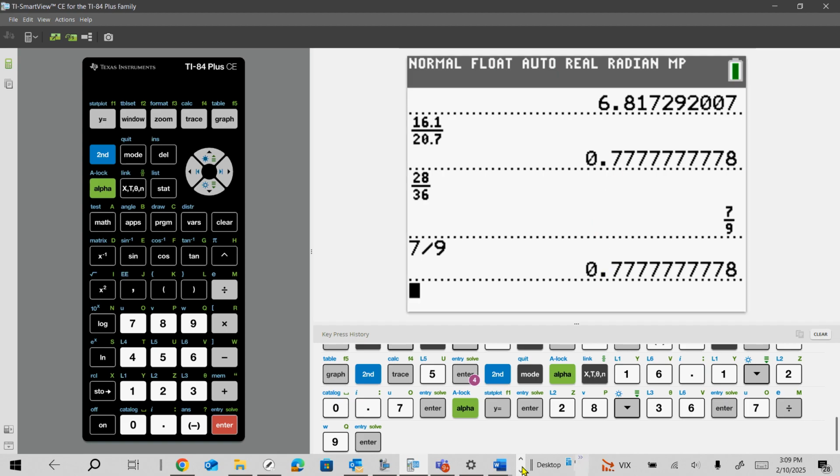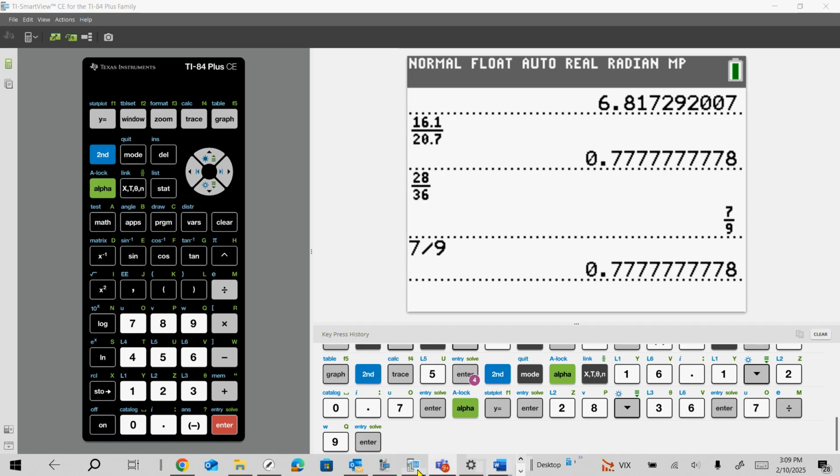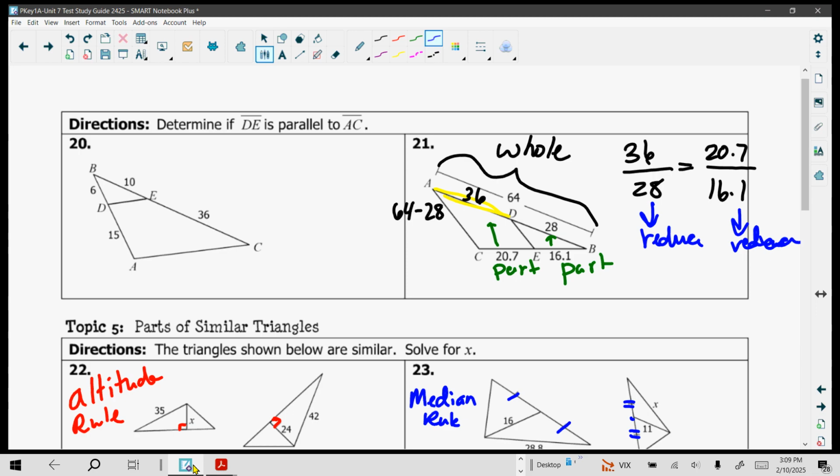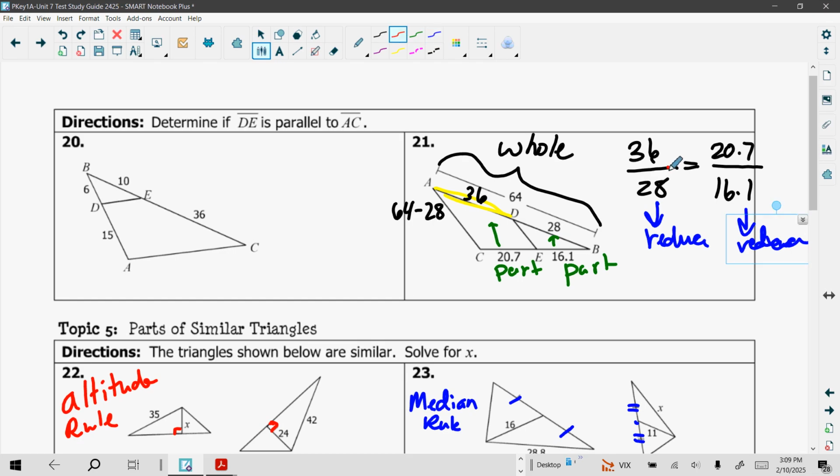Or you could have done your cross products. So let me go back to our sheet here. We could have just cross multiplied here, doing the 28 times the 24, or the 20.7. And that would have gave us, I feel like, 79.6.